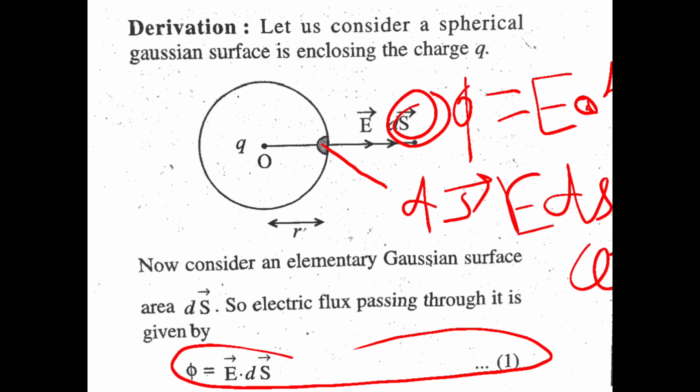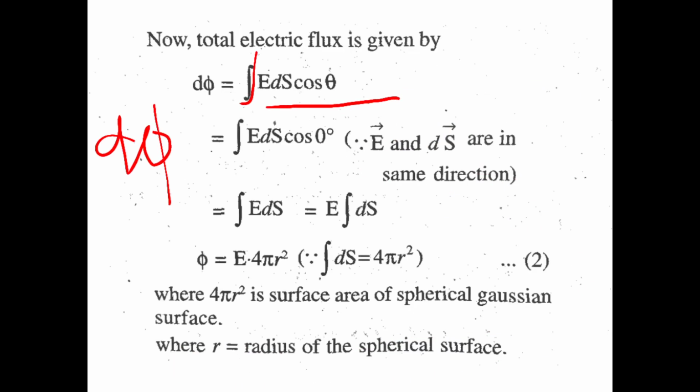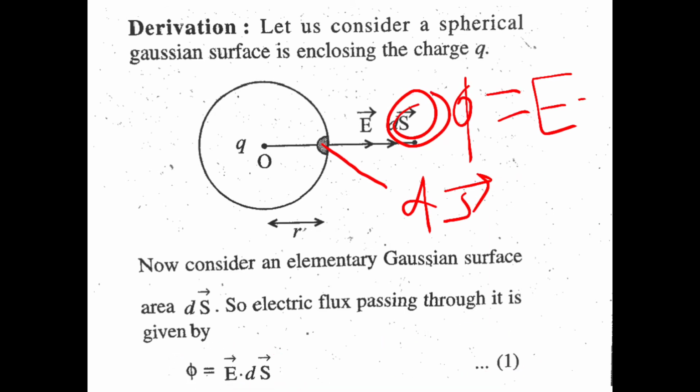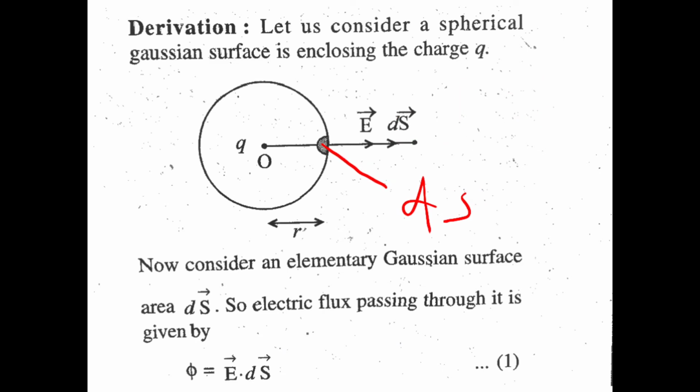Theta is the angle between the electric field and ds vector, the area vector. In E ds cos theta, the area vector is along the direction of the electric field, so the angle will be 0 degrees. The direction of the area and the direction of the electric field are the same, so the angle will be 0 degrees.